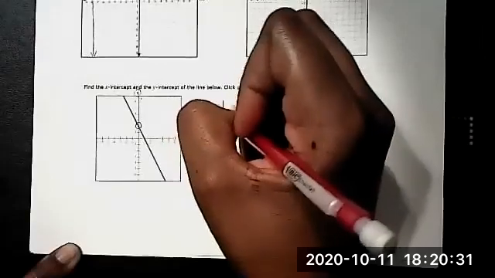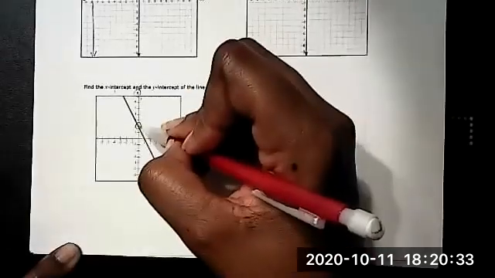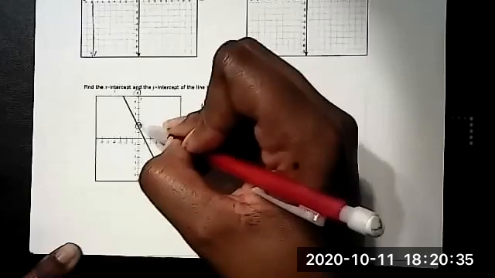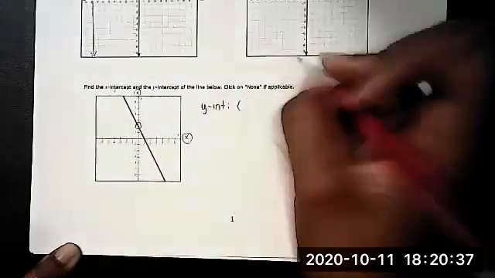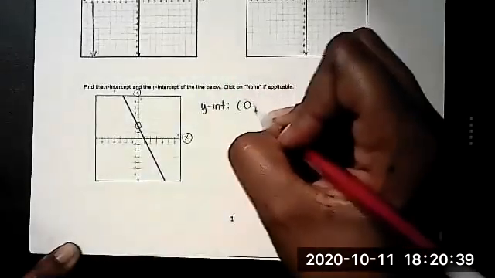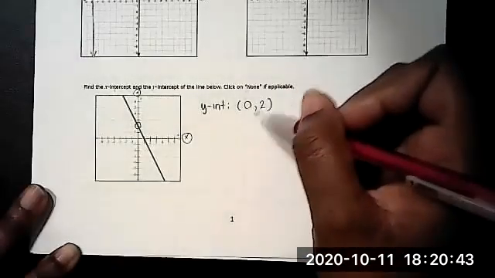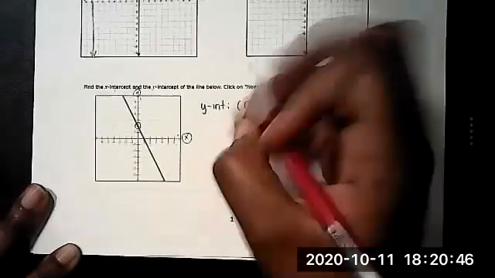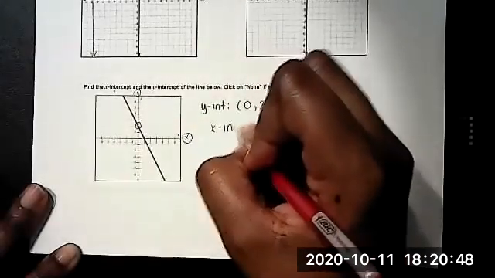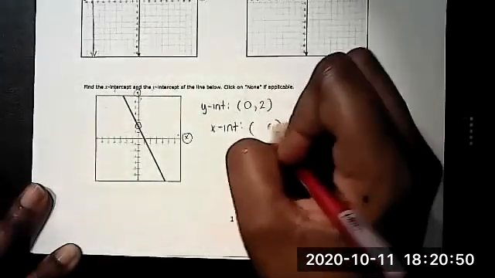In this case, your Y-intercept looks like it crosses at +2. With Y-intercept, X is always 0. So (0, 2) is your Y-intercept. For X-intercept, Y is always 0.